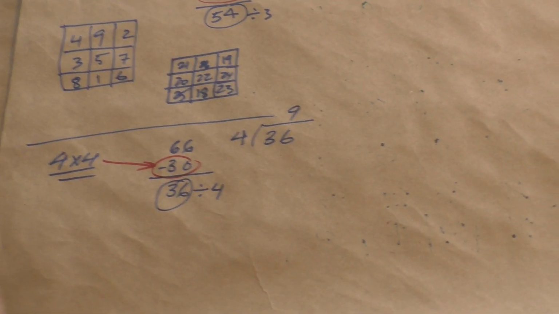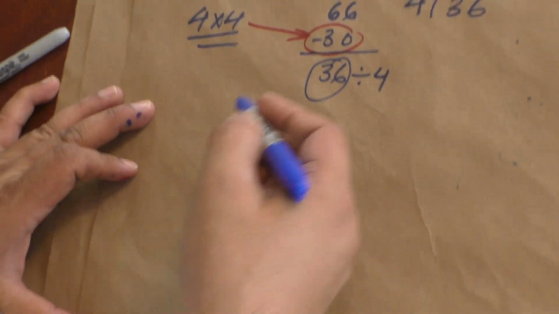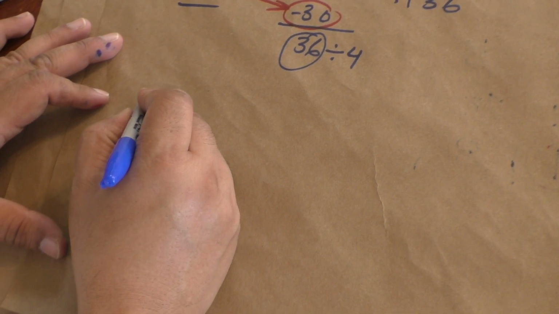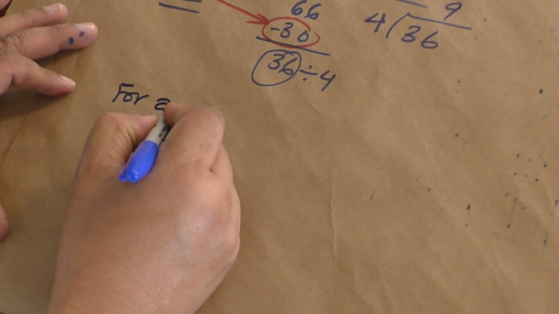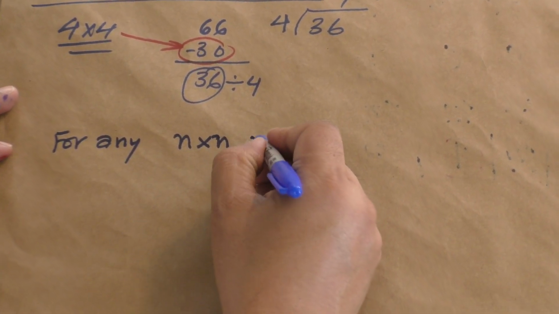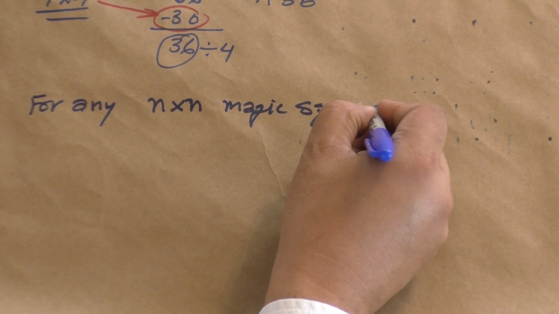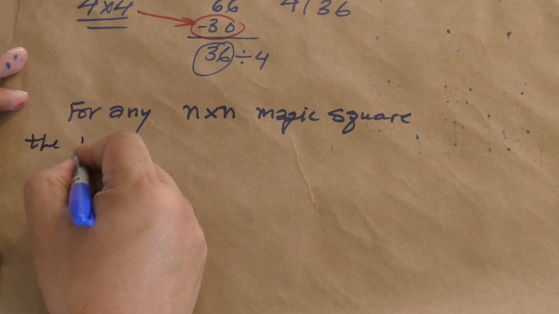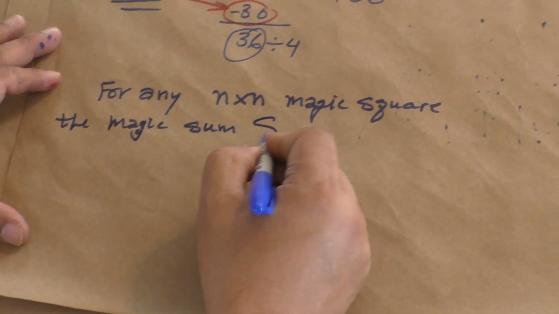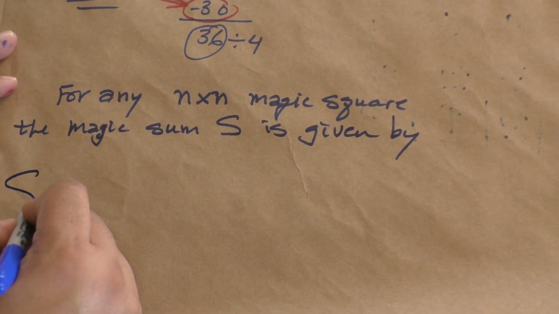Well, you have to remember the general formula. There is a rationale. For every magic square, it doesn't matter what size it is, we can say that for any n by n magic square, the magic sum S is given by this formula.